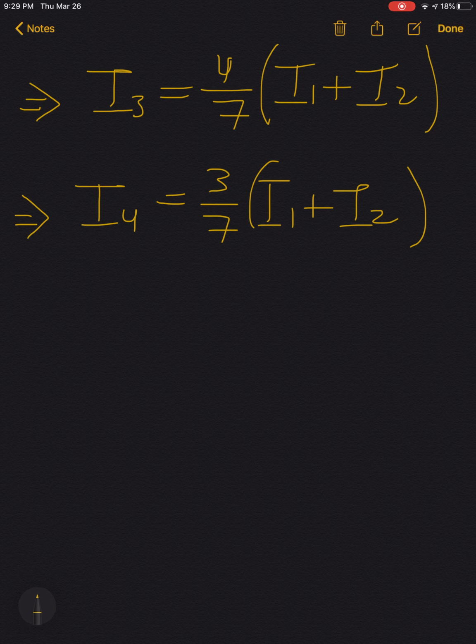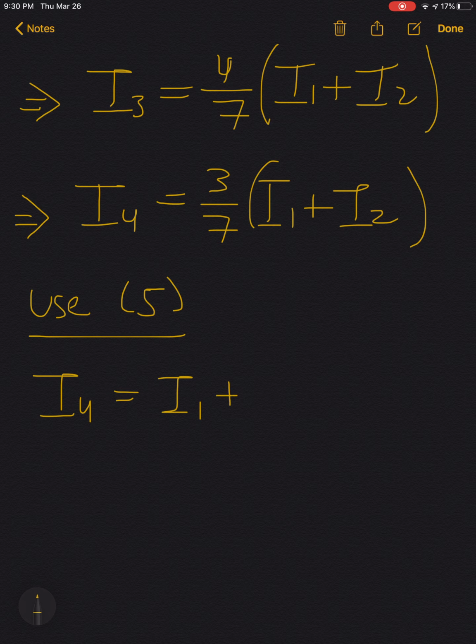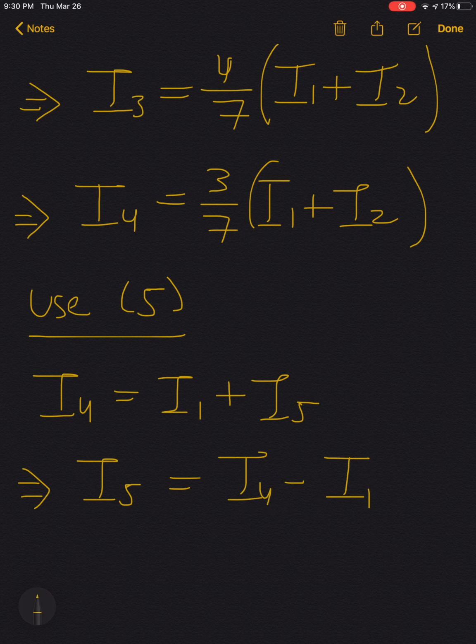Now, use equation 5. That one's going to say that I4 is equal to I1 plus I5. And what I want is I5 at the end of the day. So I5, which is the current on the bottom wire, is equal to I4 minus I1.